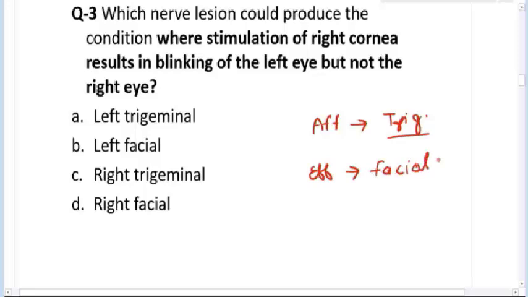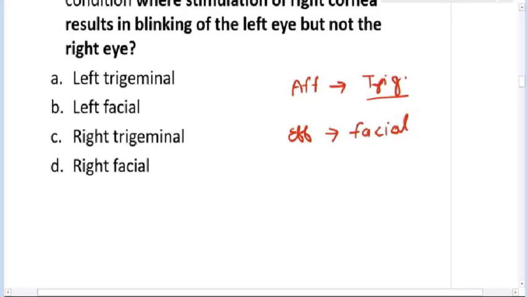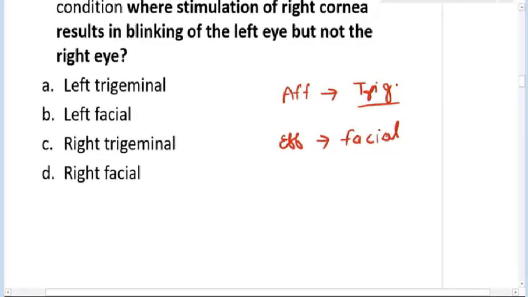The afferent brings the information to both side efferents. So the fifth nerve of this side will give the information to seventh nerve, and this will mediate the blinking.